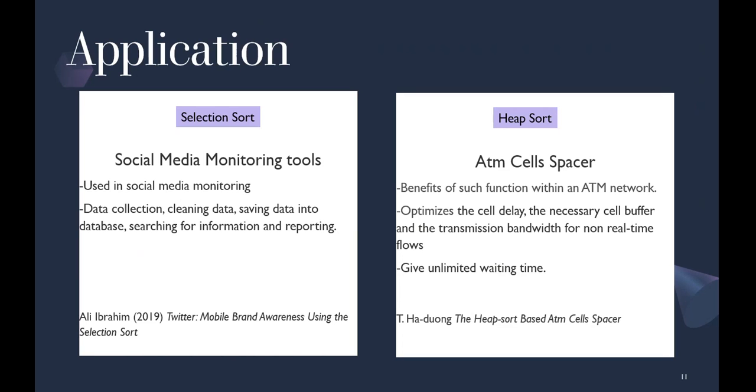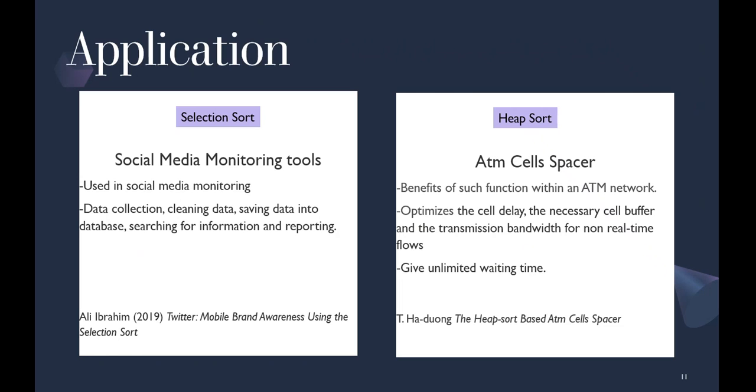For the application of selection sort and heap sort, what I found is that selection sort is used in social media monitoring tools to perform operations such as data collection, cleaning data, saving data into a database, searching for information, and reporting.